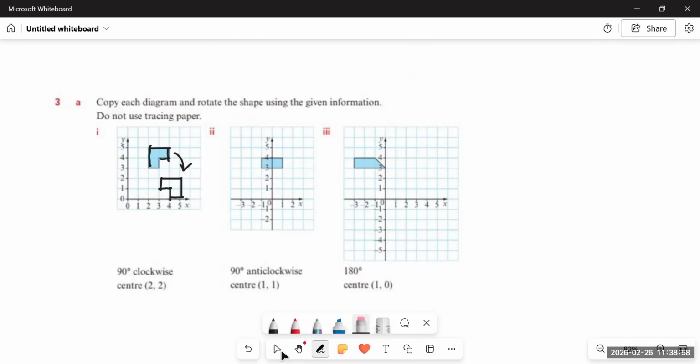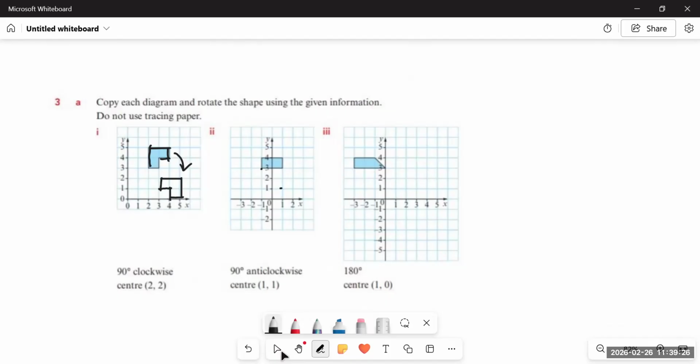And then when we have to rotate it 90-degree anti-clockwise, so again we will take this point, let's say. Where is the center? 1, 1.